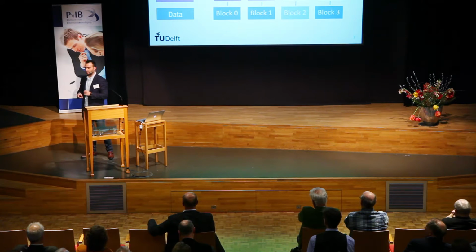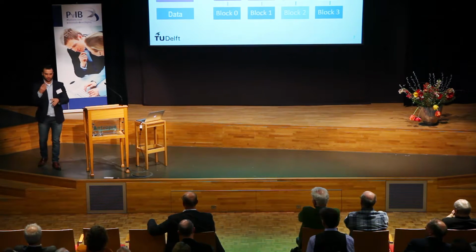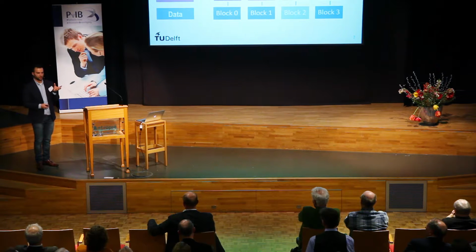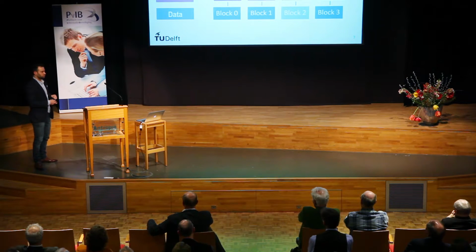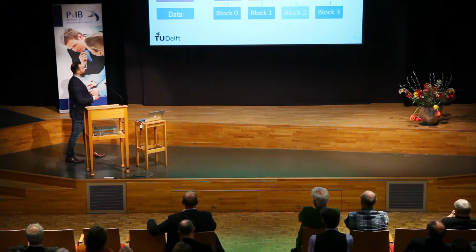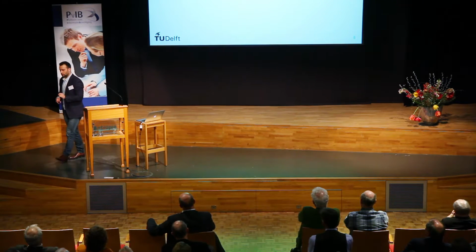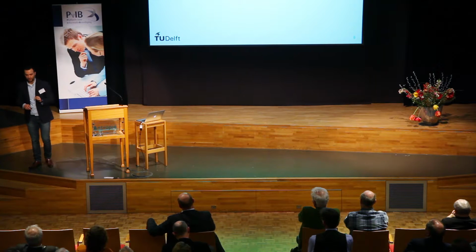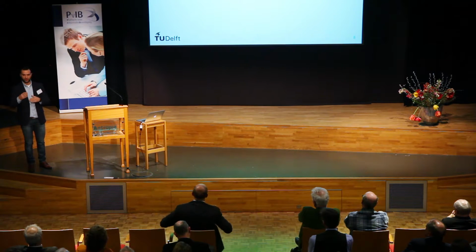Inserting and deleting blocks requires updating the whole structure, because the authenticator itself is just one single value, and it's the root of the huge tree. So is it efficient? This is the discussion. Merkle hash trees are very basic, they work, but they have a limitation, because append, insert, and delete operations on data require an update of the whole tree or a big part of the tree, and this is not efficient.